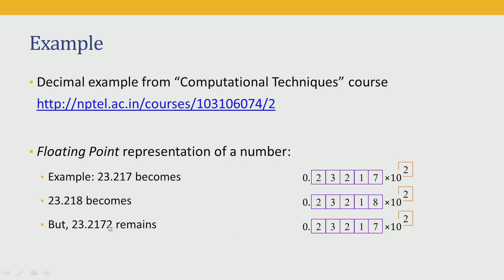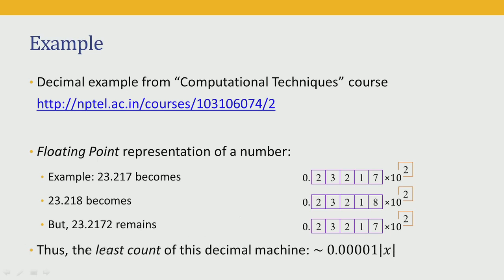There is no space to store this trailing digit. As a result, this number and this particular number have the exact same representation. The reason why we are not able to represent a number with a 6th significant digit is because we do not have enough precision in our decimal machine.